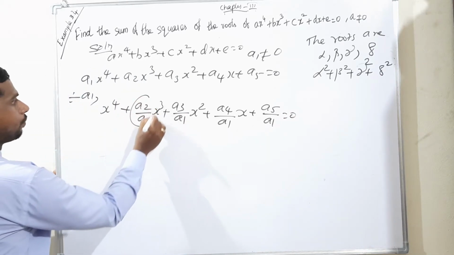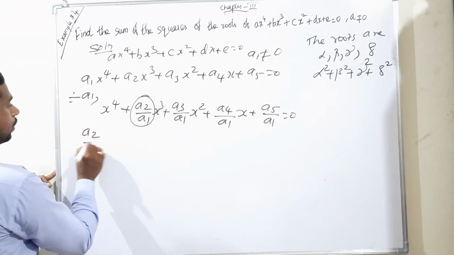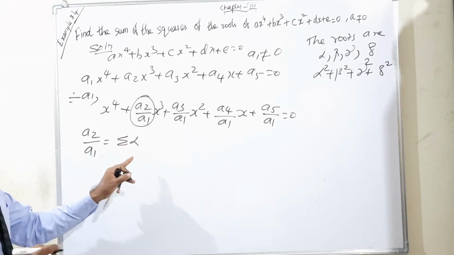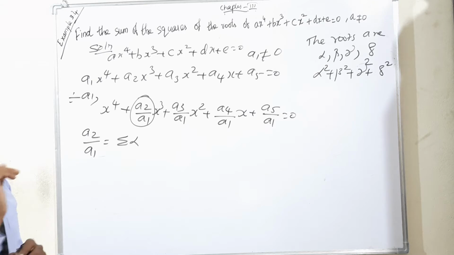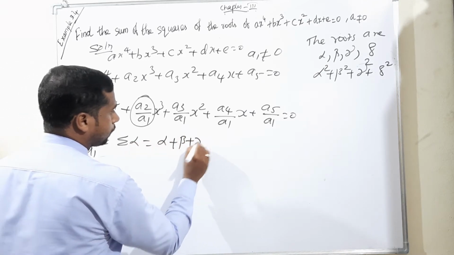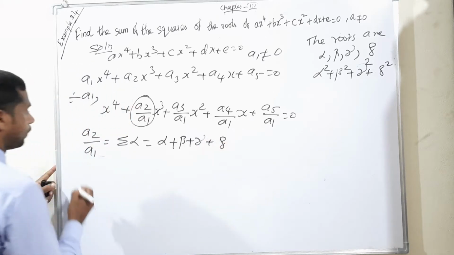What is the meaning of a2 by a1? a2 by a1 means summation of alpha, the sum of the roots taken one at a time. This is alpha plus beta plus gamma plus delta.